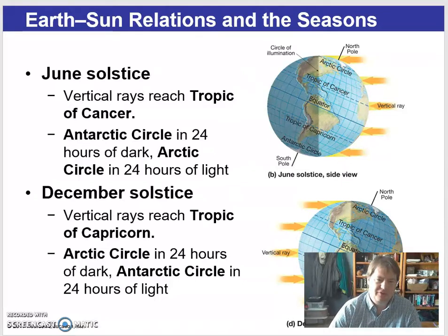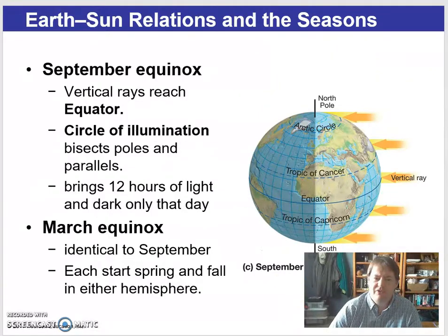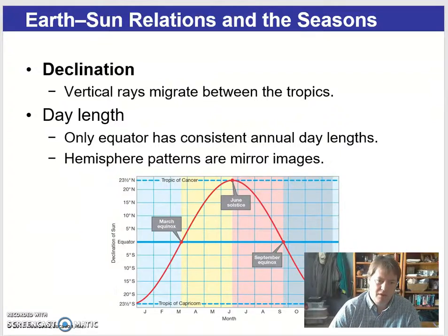We have June solstice and summer solstice. We also have what are called equinoxes, which is the same time, 12 hours of light, 12 hours of dark. So we see that all driven based on where the Earth is presently at as far as revolving around the sun in a year's time. So the vertical rays migrate between the tropics.